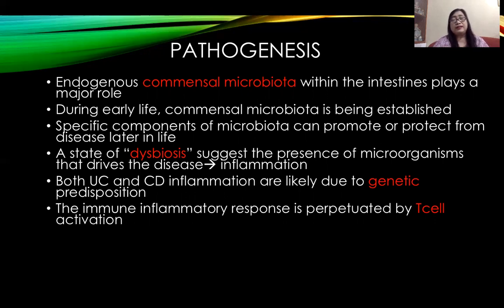So a state of dysbiosis suggests the presence of microorganisms that drive the disease into inflammation. So both ulcerative colitis and Crohn's disease both may have inflammations that are likely due to genetic predisposition. The immune inflammatory response is perpetuated by your T cell activation.